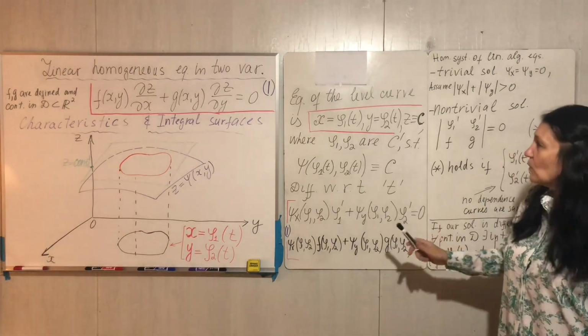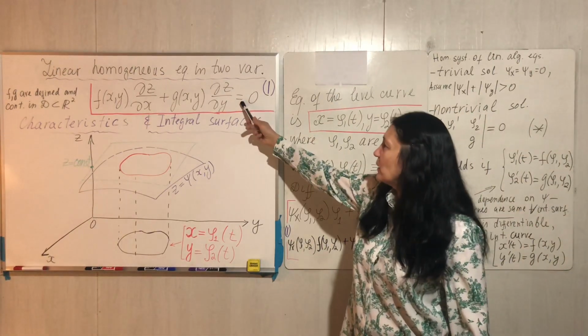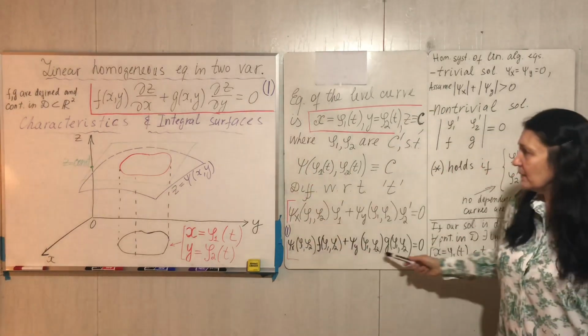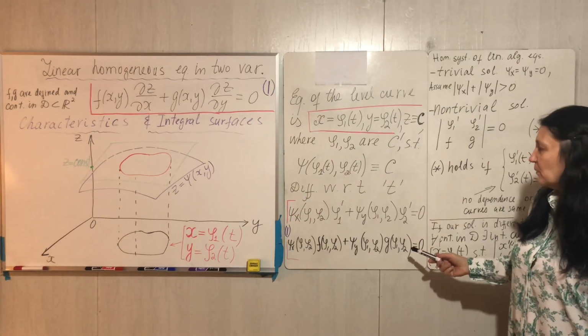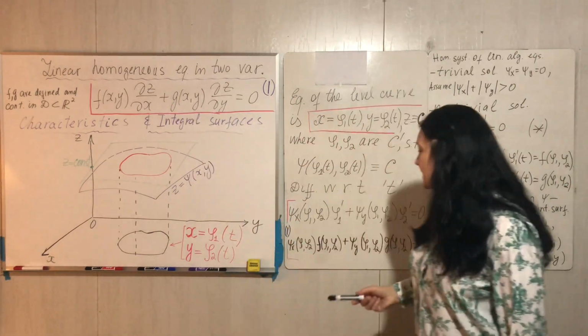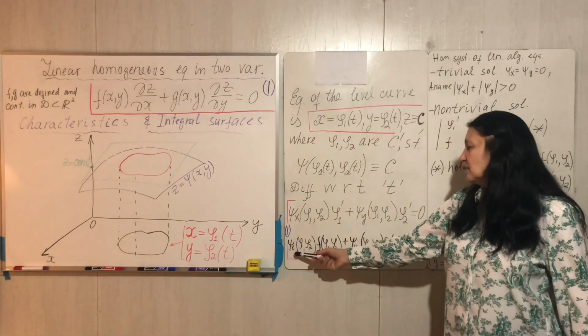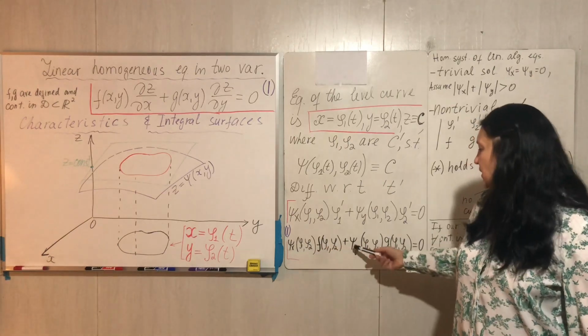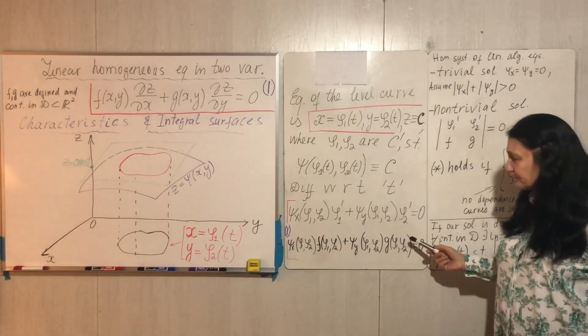And also we can rewrite our equation 1 if we plug in psi for z. That will give us psi x times f plus psi y times g.